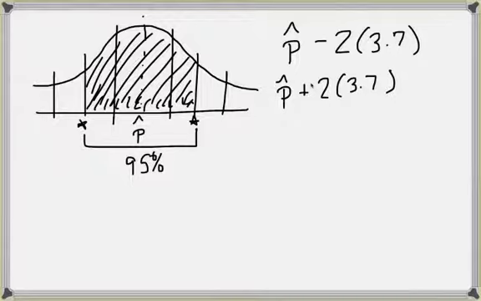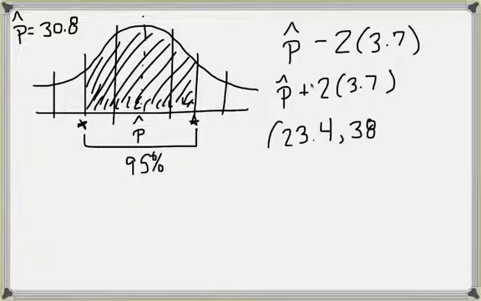So when I do those calculations, and again using p hat, remember we found in the beginning that to be 30.8%. So when I do these calculations, I get 23.4 and 38.2.